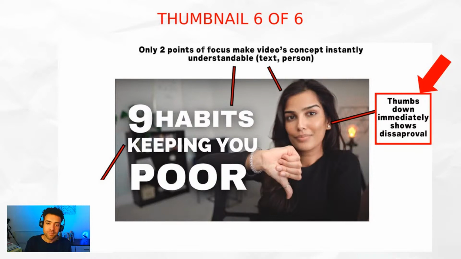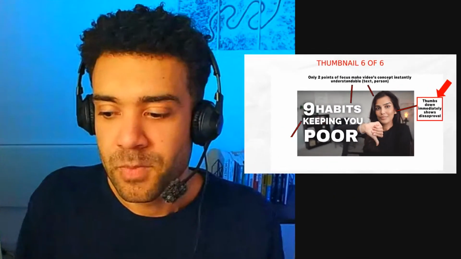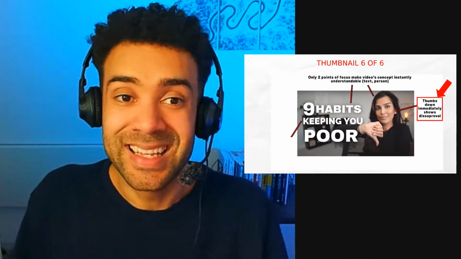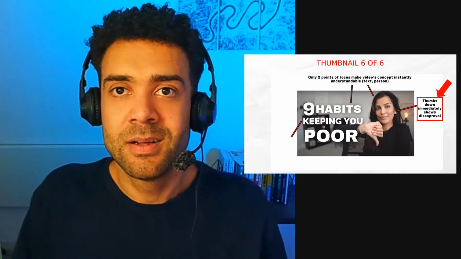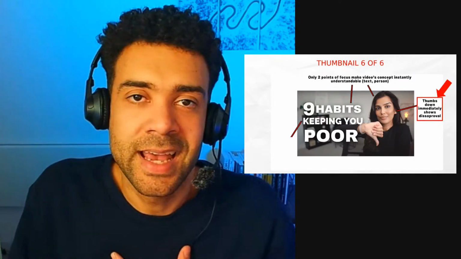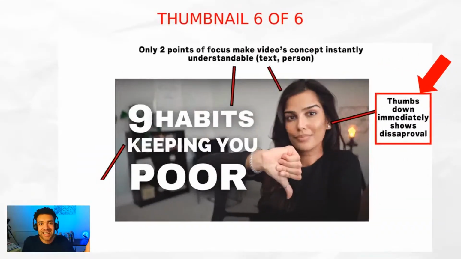Next up, the YouTuber's given a thumbs down, which immediately shows us that in this video we're going to be seeing something that she disapproves of. We're going to be looking at some negative things. And from what I've read in psychology, humans are scared creatures. We don't want bad things to happen to us.